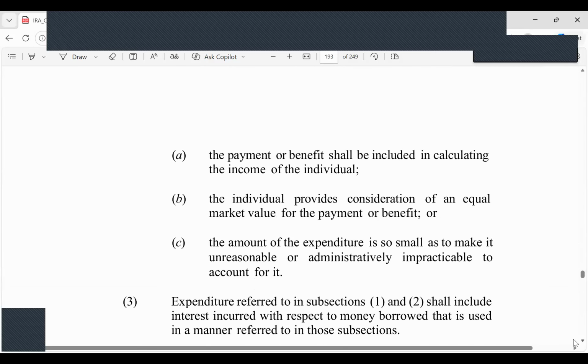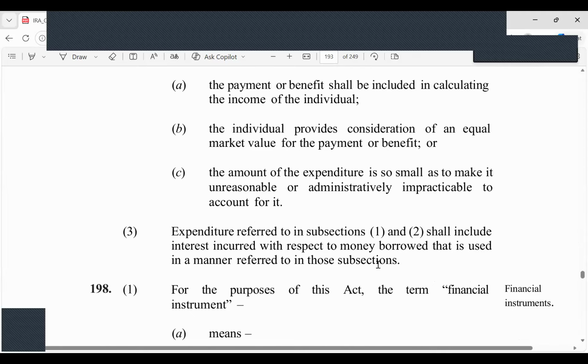Then subsection 3 says if we borrowed money for incurring that expenditure mentioned under subsection 1 and 2, and if we pay some interest amount for that borrowed money, that is also not allowable as a deduction. We consider it as a domestic expenditure. So if you have questions now, you can ask.